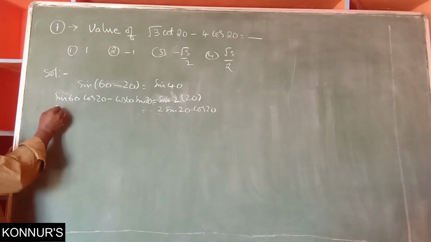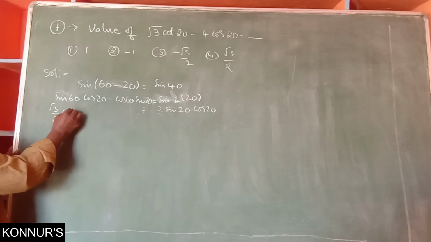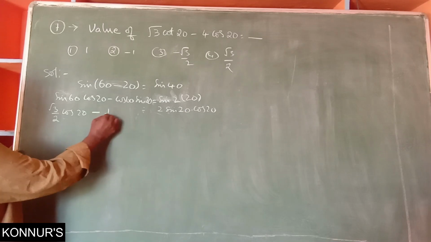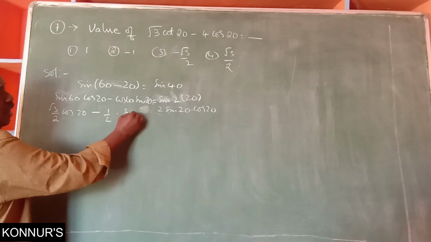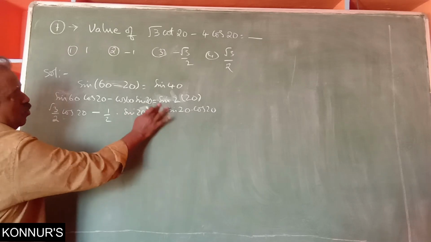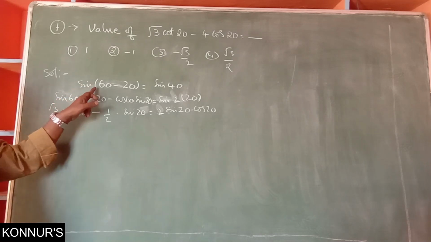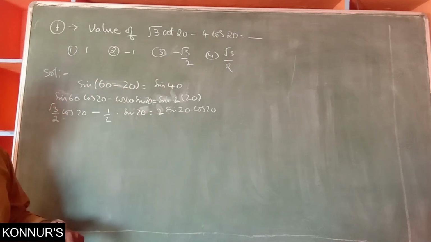Sin 60 means root 3 by 2, it is cos 20, minus cos 60 means 1 by 2, it is sin 20 as it is. Once again, we are considering sin of 60 minus 20 is sin 40.